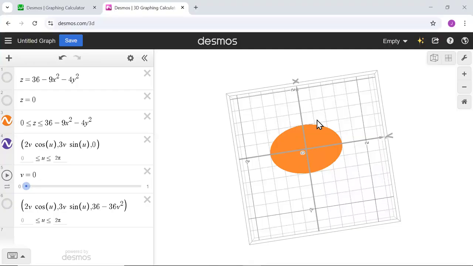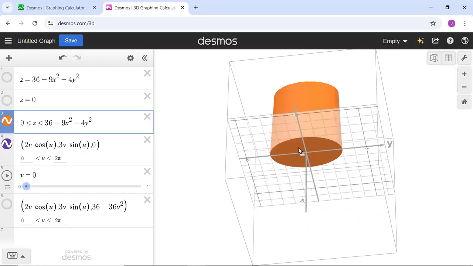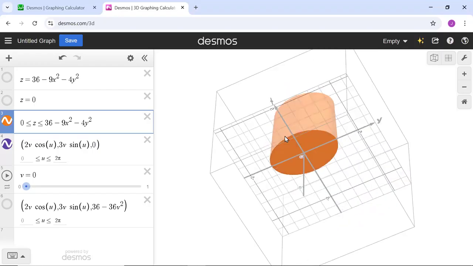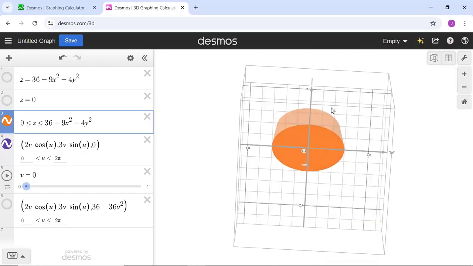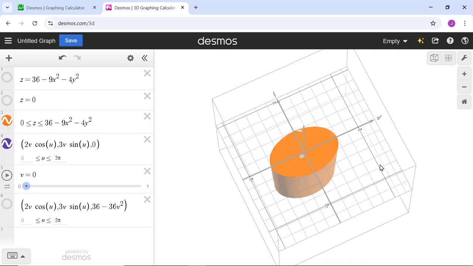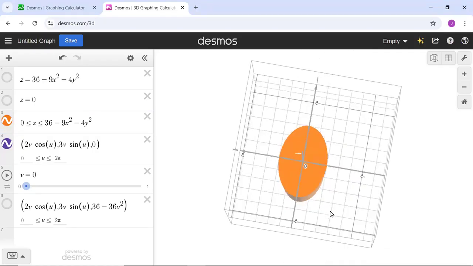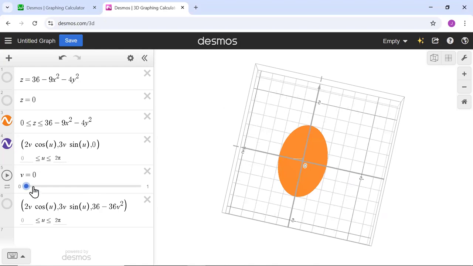So let me explain what I mean by that. So here I have the parameterization that I gave for the z equals 0 surface. And I know I spoke about this, but let me kind of write out what's happening.